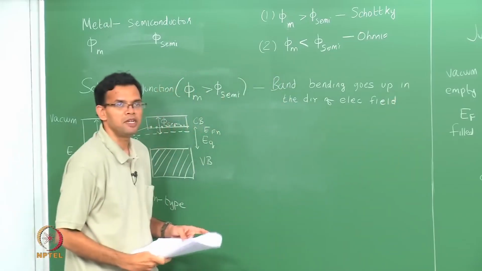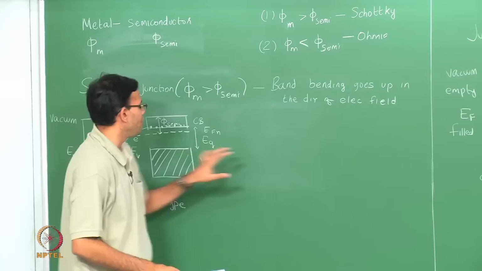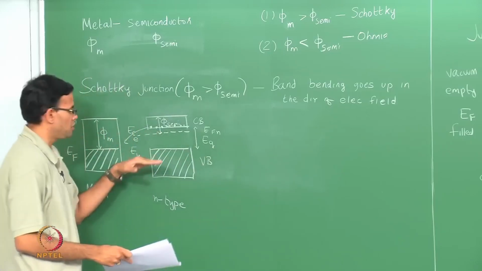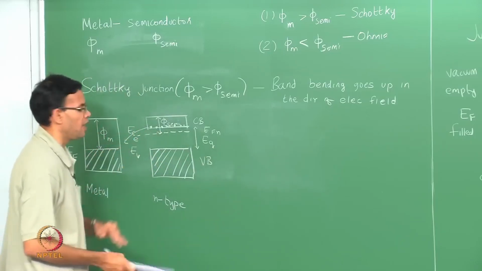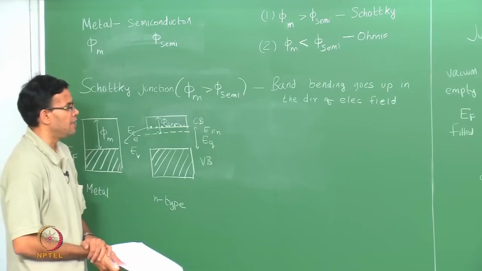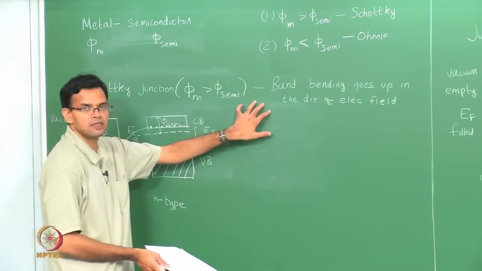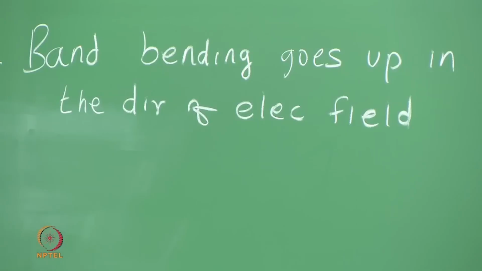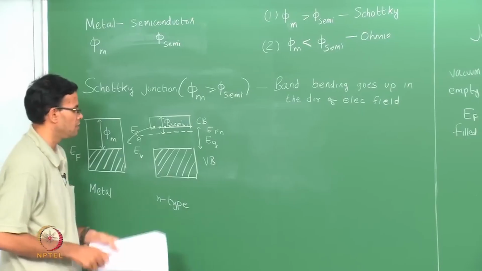We will see in a minute what this means. When we form the junction, the first thing we are going to do is line up the Fermi levels, and then we are going to bend the bands in the semiconductor, and this band bending will go up in the direction of the electric field.